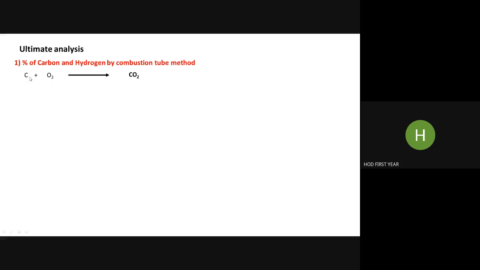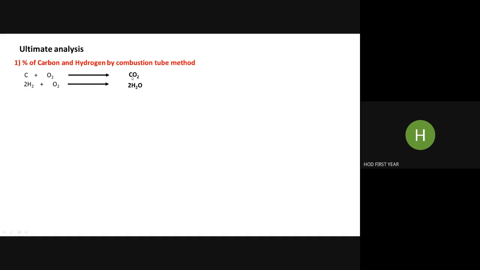So carbon is basically oxidized to carbon dioxide during burning or during combustion. Similarly, hydrogen during burning of a fuel is oxidized into water. Okay, so we are interested in percentage of carbon and hydrogen.